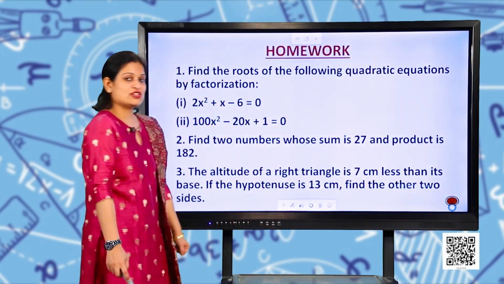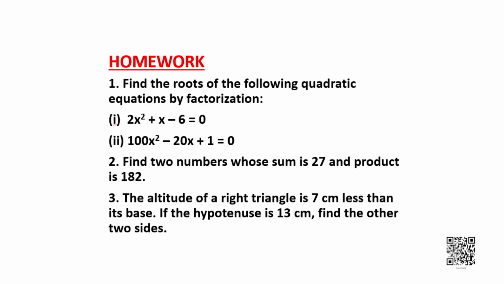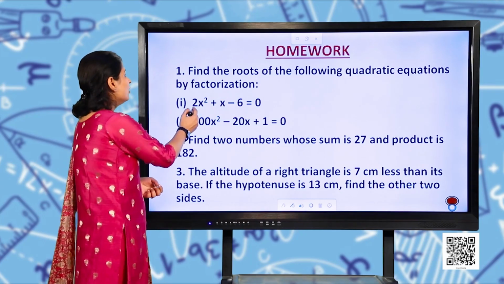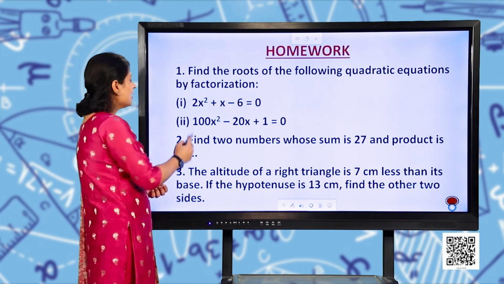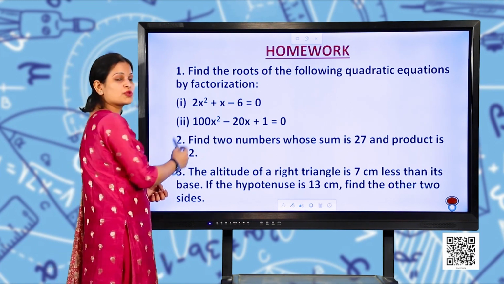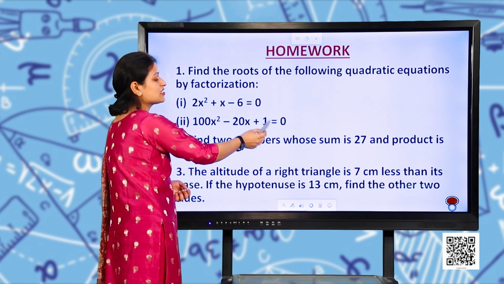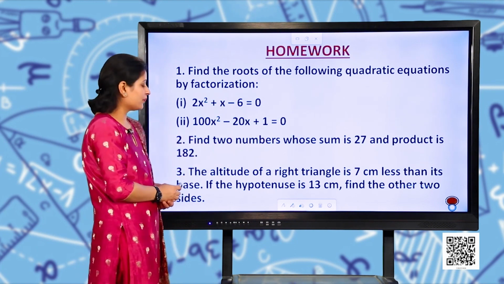Now, there are a few questions for your homework. First one, find the roots of the following quadratic equations by factorization. First part, 2x square plus x minus 6 equals 0. Second, 100x square minus 20x plus 1 equals 0.